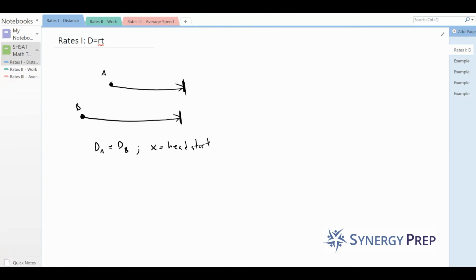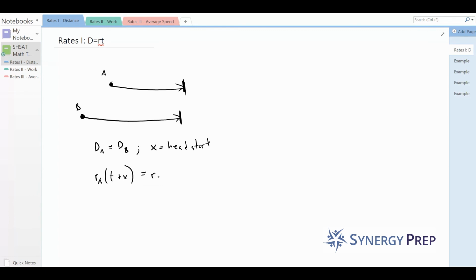The equation essentially is the same. What we have is the rate of A times time, but in this situation, object A has a head start of x, so it's t plus x as time.